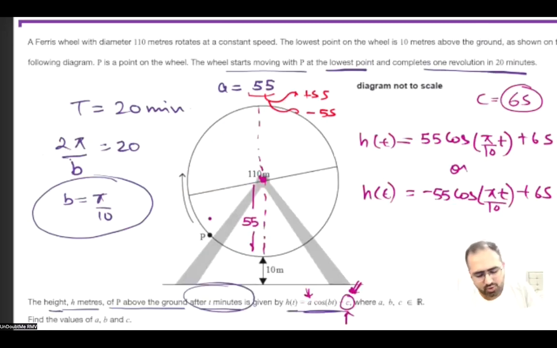Now if I go to this diagram, if it is starting from this point, can I say that half of the cycle will come at this point? It will not come at the maximum height. Half cycle means 10 minutes. Are you understanding? Yes, sir.